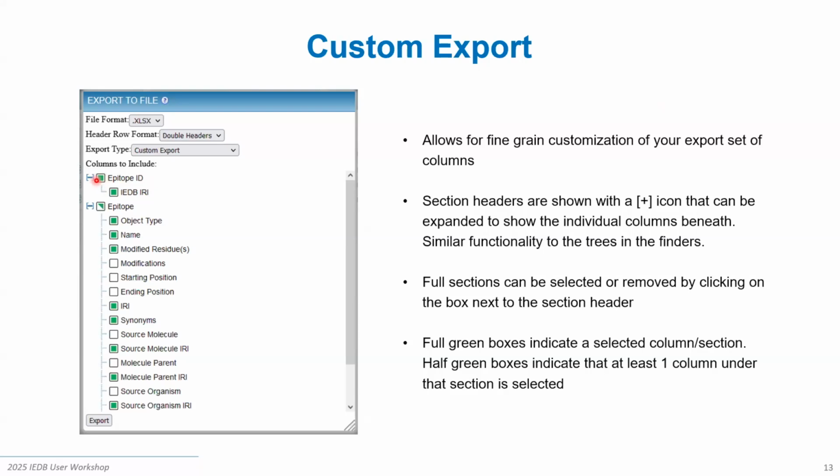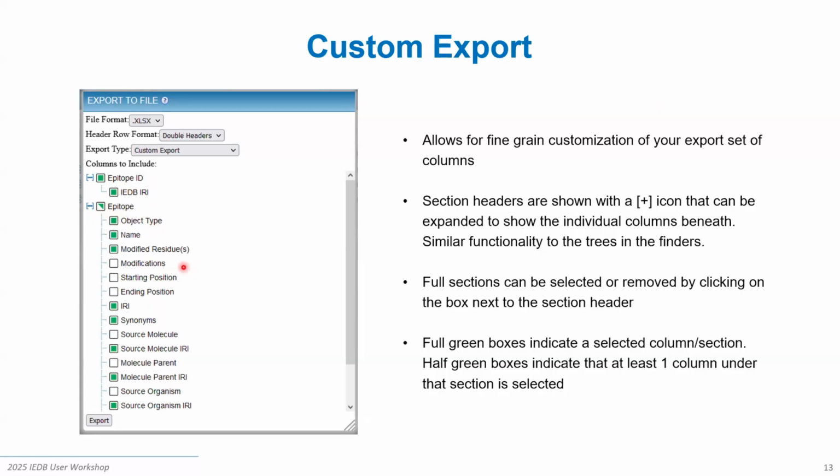Full sections can be chosen or unchecked by clicking on the boxes next to that section. And you can see if you select specific fields below the sections, it will modify it to show this half box, to show that you have fields selected below that section, but not all of them or none of them.